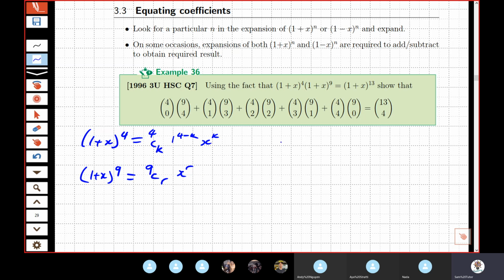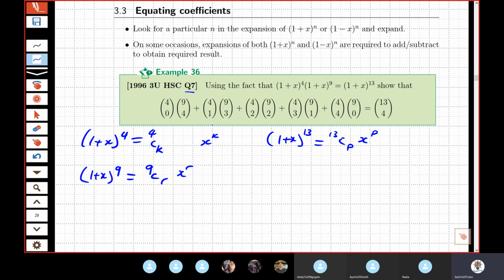And of course, in this case, we've also got (1 + x)^13, which equals 13 choose, let's say, p, and then x to the p. We agree with all that? You're okay? That's 1 mark already.